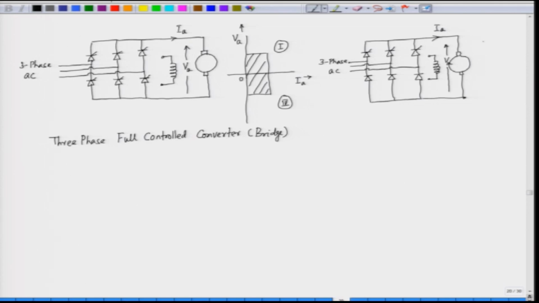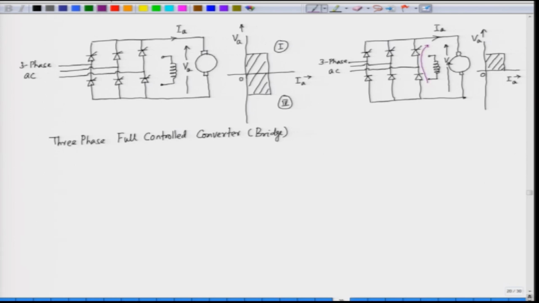Now, if we see the operation of this converter, it operates in one quadrant only. We have the XY plane where we have plotted the voltage and current, but this converter can only operate in one quadrant, and that is why this is called a half controlled converter. The voltage here cannot be negative, because there is a freewheeling path through one diode and one SCR.